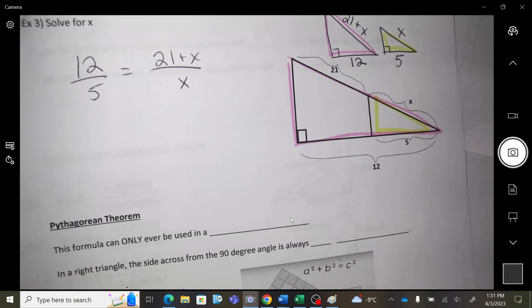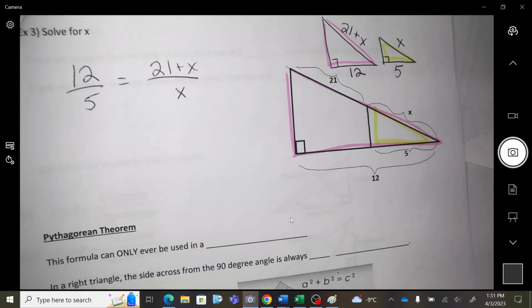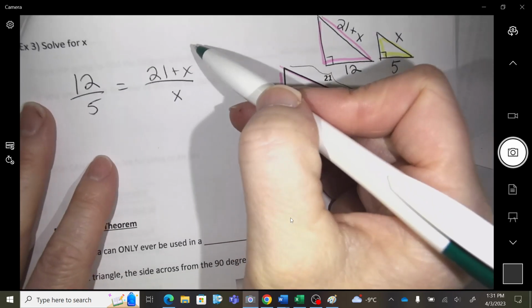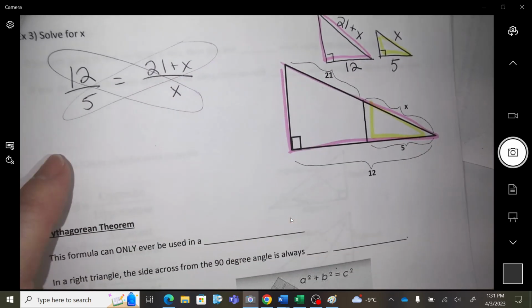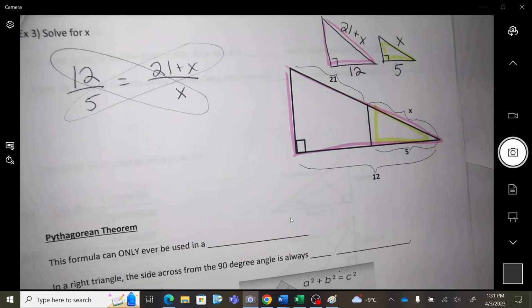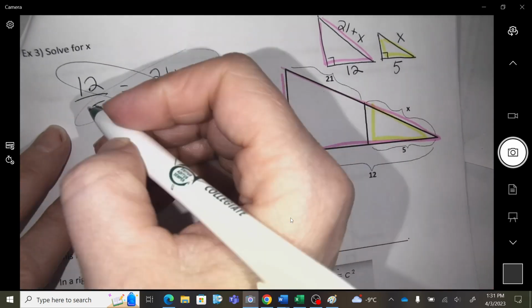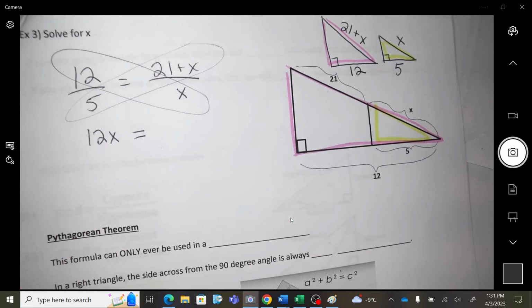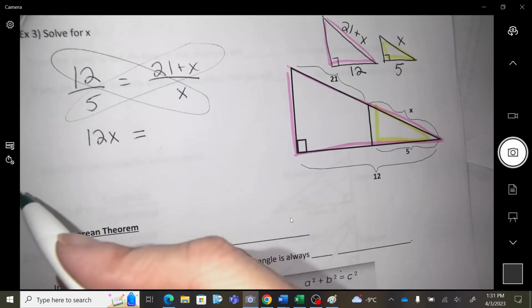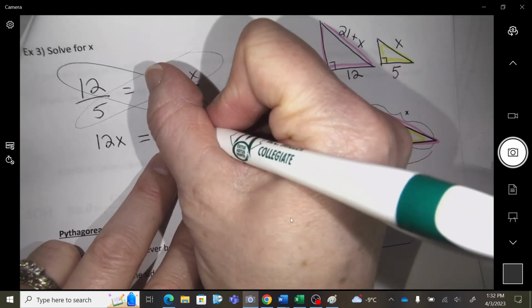Okay, we're still going to do the same kind of strategy. Cross multiply. I need you to multiply like that. So this will make a 12x equals, do you understand timesing that?